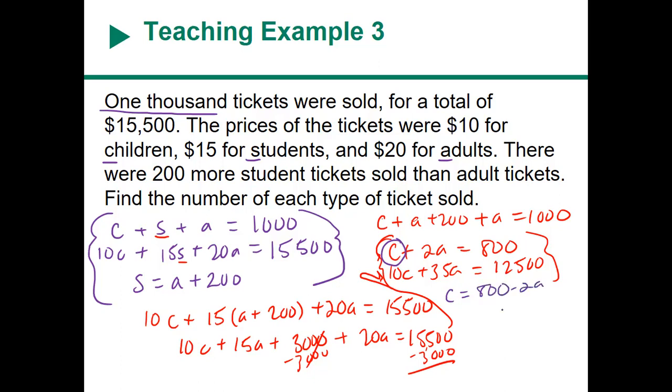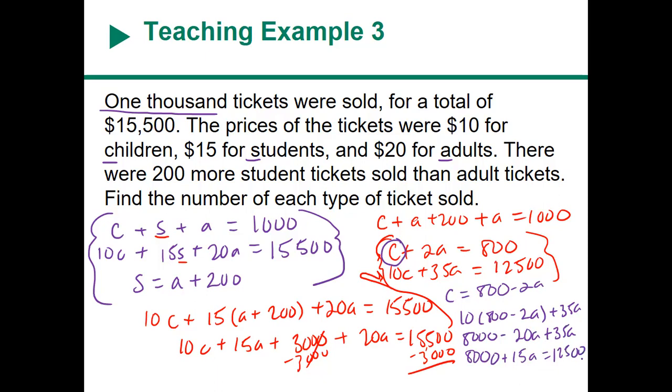800 minus 2A. So now I'm going to substitute in. So I get 10 times 800 minus 2A plus 35A. I'm going to clean this up. That gives me 8,000 minus 20A plus 35A. Clean it up again. I get 8,000 plus 15A equals 12,500.